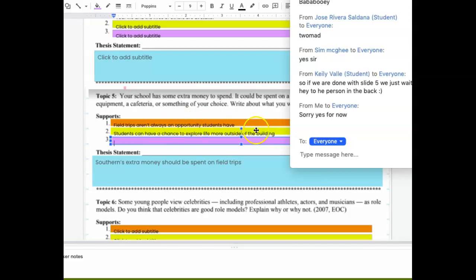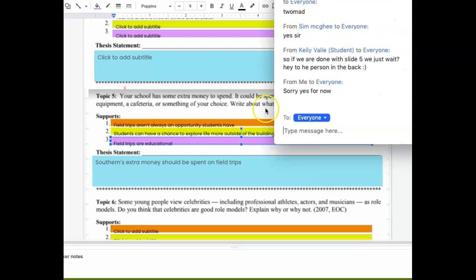Anyone else have a third reason while Matthew is thinking? Most of them could lead to education. Say that again? Most of them could lead to education. Okay. Field trips are educational. So, Sim, did we just list 3 reasons why our statement down here is true?